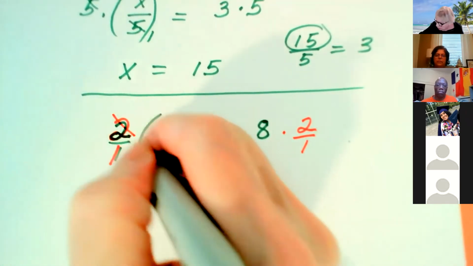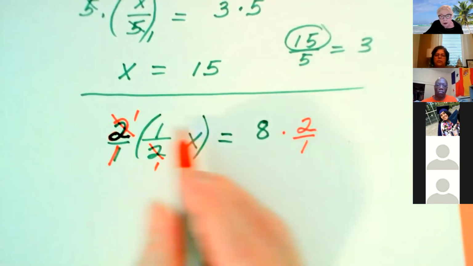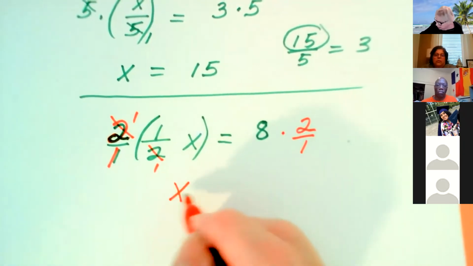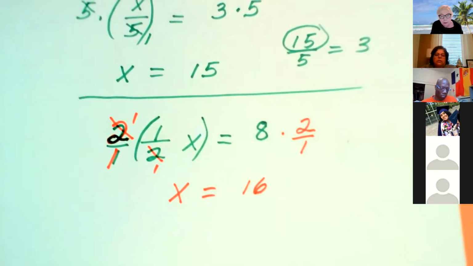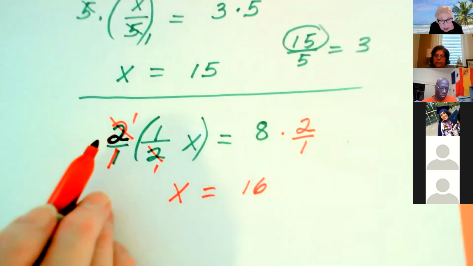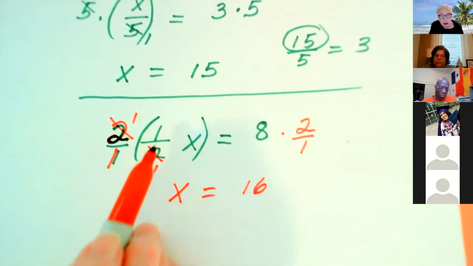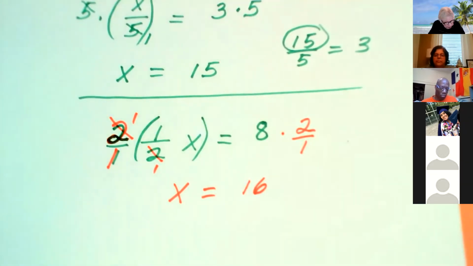And so the 2 and the 2 canceled. And I'm left with 1x, which is x, and 8 times 2 is 16. So multiplying by what amounts to the reciprocal, instead of multiplying by a half, I multiplied by 2, and that canceled out the 2's. That might be your very best approach for that.